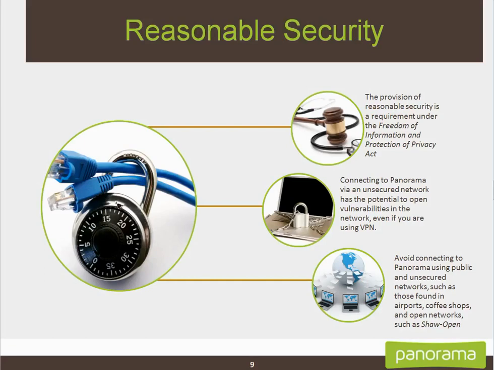Connecting to Panorama via an unsecured network has the potential to open vulnerabilities in the network even if you're using a VPN. Users should avoid connecting to their VPN and Panorama using public and unsecured networks such as those found in airports, coffee shops, and open networks provided by internet service providers such as Shaw Open.